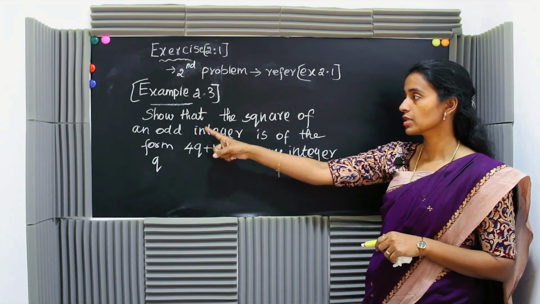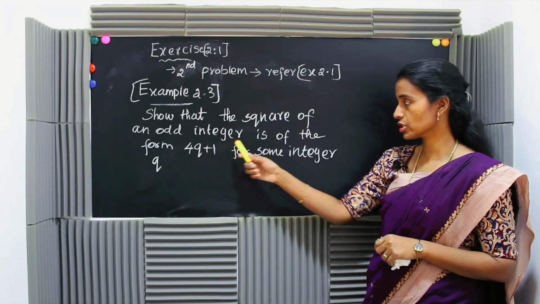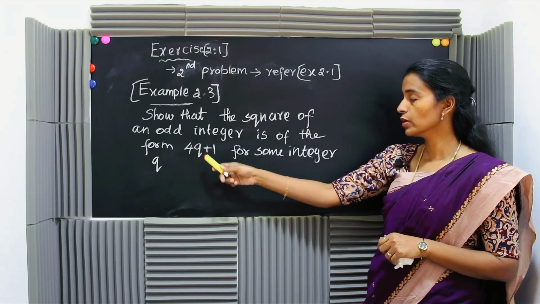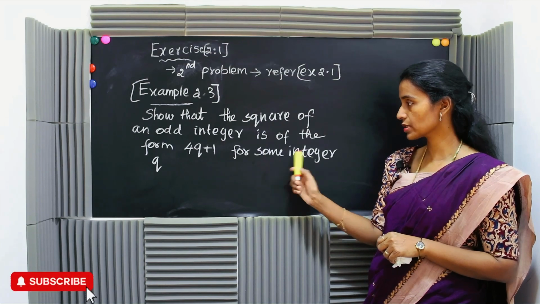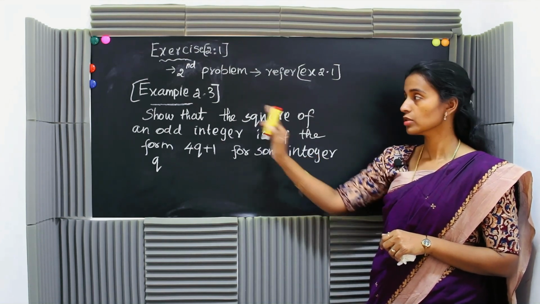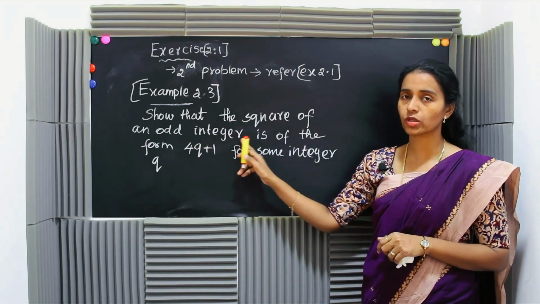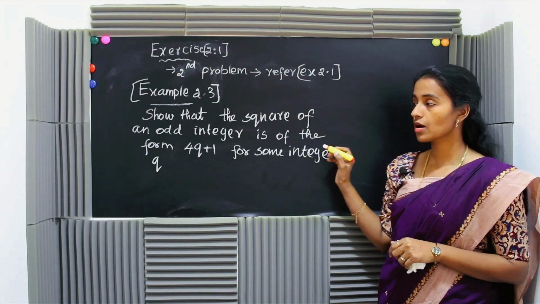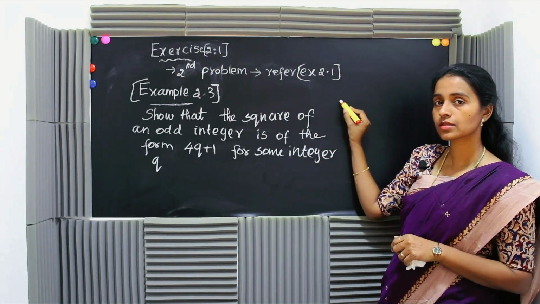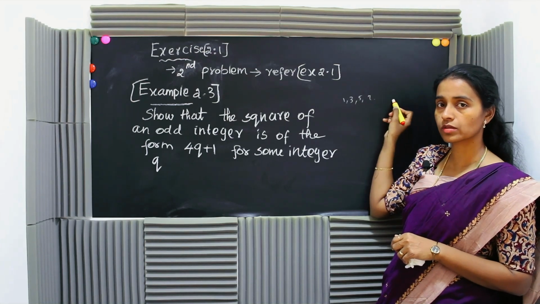Here the question is, show that the square of an odd integer is of the form 4q plus 1 for some integer q. Read the question carefully. What is an odd integer? Odd integers are 1, 3, 5, 7 and so on.